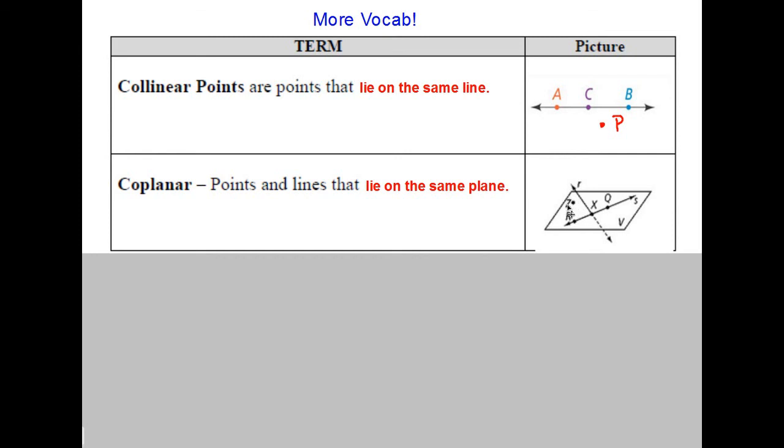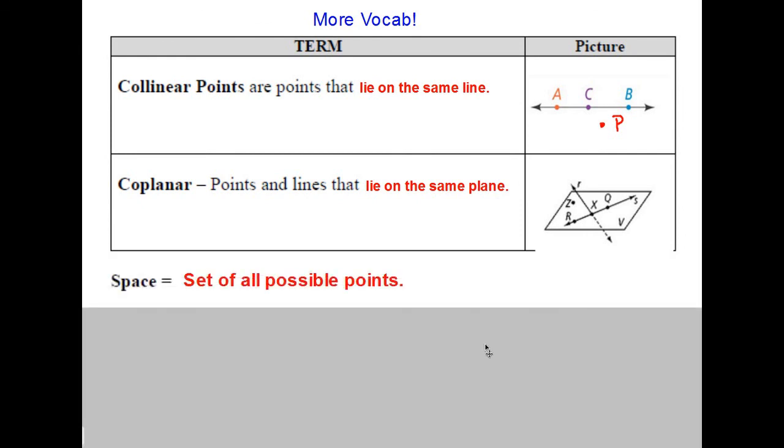Point Z, right here in the corner, is on the plane, therefore it is also coplanar. What is not coplanar is this line that is crossing through, going by point R, so that line is not coplanar. Okay, that's what coplanar means.